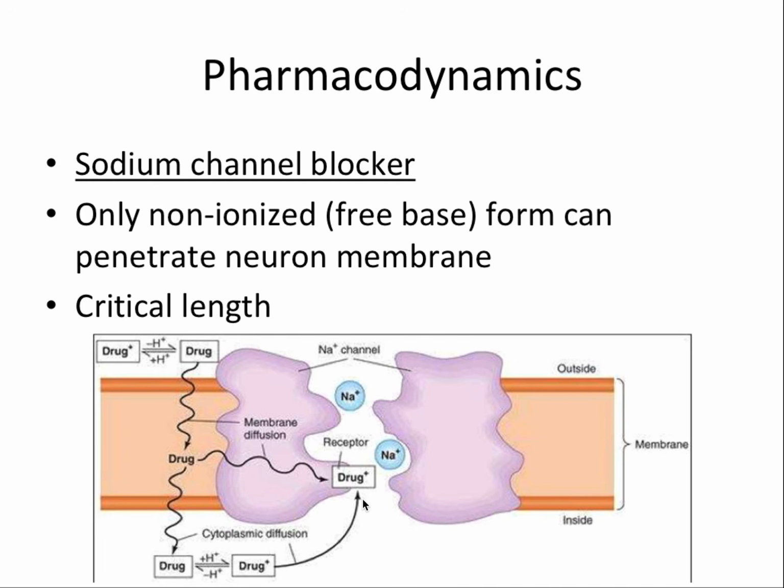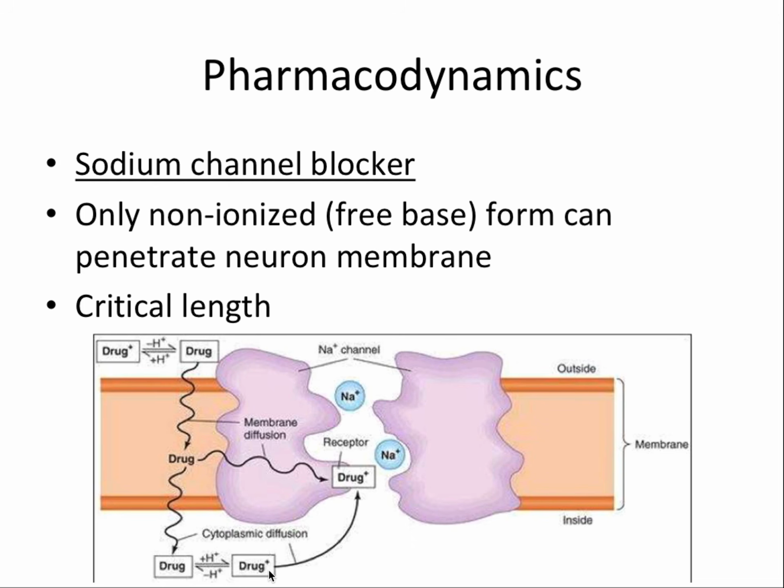So, up here in the top left corner of this image, it shows that the drug has a charged or ionized form, and then also an uncharged or non-ionized form. And as it shows here, only the non-ionized or uncharged form of the drug can diffuse through this hydrophobic interior of the neuron membrane and get through to this side. And this is critical.